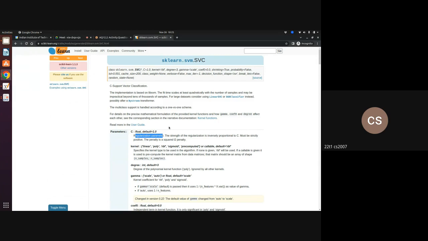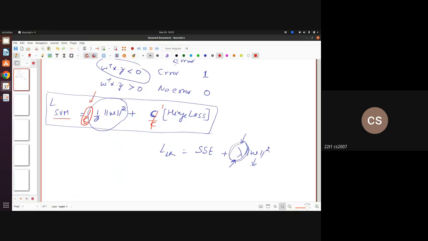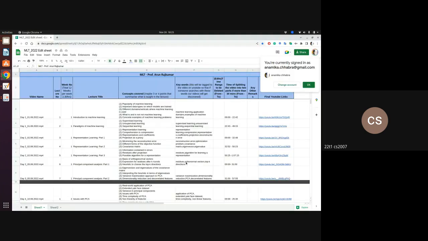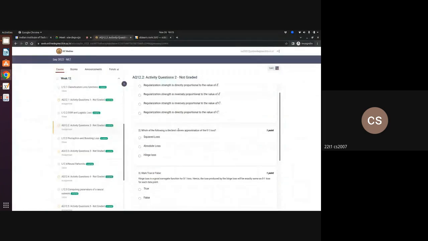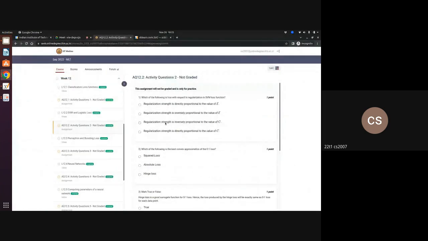Here it is C, and the strength of regularization is inversely proportional to C. That's the point I was trying to make. So the correct option is that regularization strength is inversely proportional to the value of C.